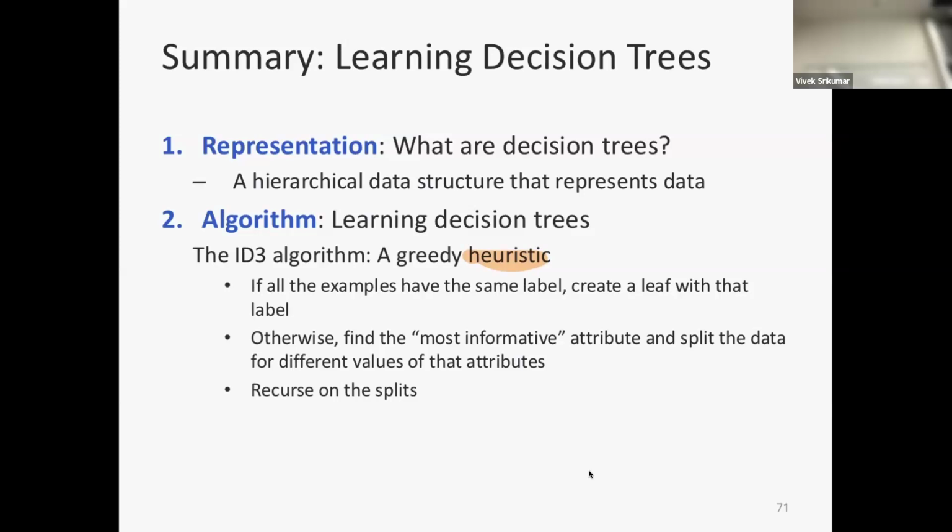That's what makes it NP hard? Well, the ID3 algorithm is not NP hard. It's actually fairly quick. What's NP hard is if, instead of greedy search, you wanted to find the single smallest tree that perfectly fits the data. That's NP hard. This is not NP hard. This is fairly quick.